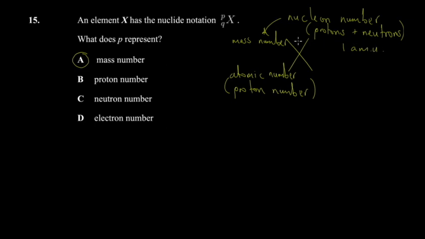There's an atomic mass unit that we use. The atomic mass unit is equal to a 12th of the mass of carbon 12, the isotope of carbon.